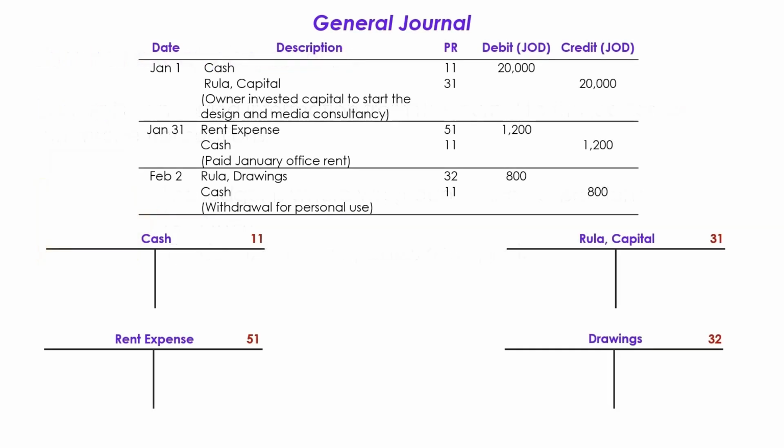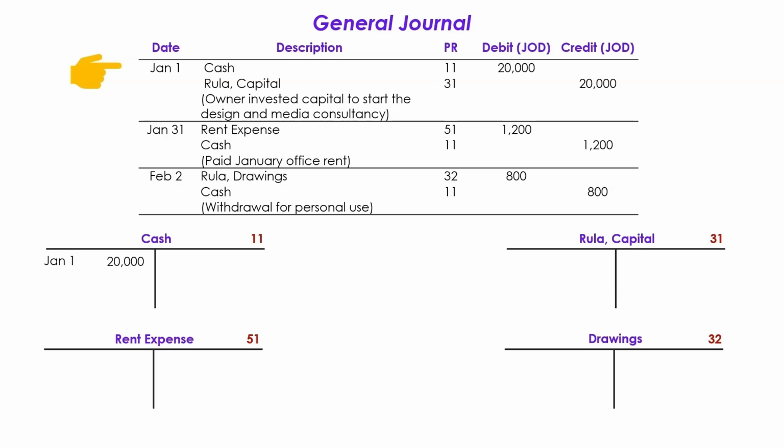Here's a quick example to show you how this works in action. On January 1st, we recorded in the journal that Rula invested 20,000 dinars into the business. So we debited cash and credited Rula capital. Now, during posting, we take that transaction and move the details, date, amount, and description to the appropriate ledger accounts. We go to the cash ledger and post 20,000 dinars on the debit side dated January 1st.